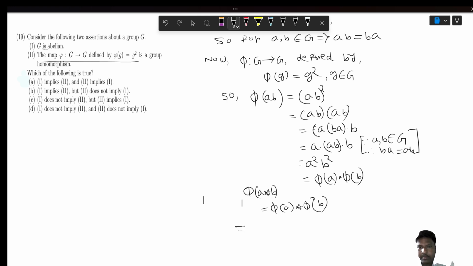So this implies phi is a homomorphism. So therefore, one implies two.